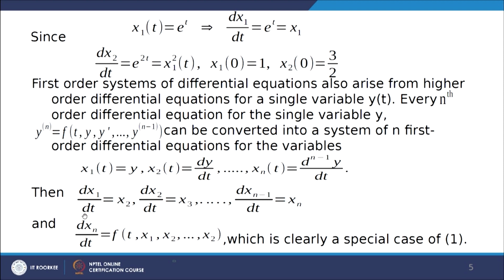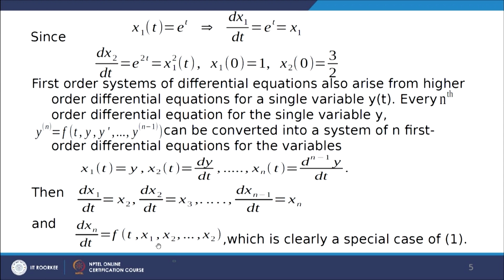So, dxn by dt can be written for this nth derivative of y with respect to t, and we have f(t, y, y dash, and so on), where y is x1, y dash is x2, and so on, the n minus 1th derivative of y is equal to xn. So, this is f(t, x1, x2, and so on, xn), which is clearly a special case. So, now you can see there are n equations.